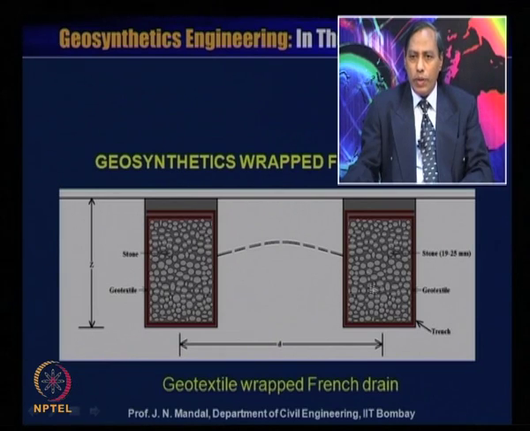This is another trench, and this is the geotextile, and the inside is aggregate. So, this is the stone or aggregate, and this red is the geotextile material, and this height is about Z, and the distance between the two drains is small d. So, this is called a geotextile wrap trench drain.